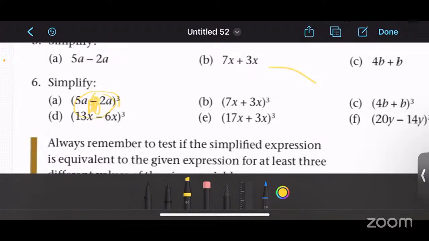Wait, you said 10x to the power of 2? Where is the power of 2 coming from? From adding the two x's together. Wait, never mind. I think it's just x.